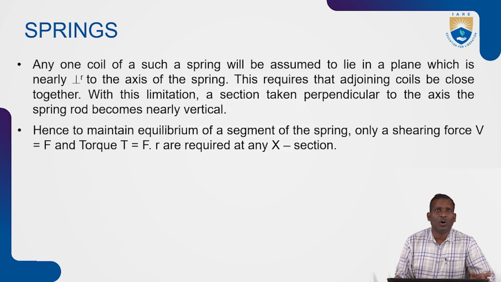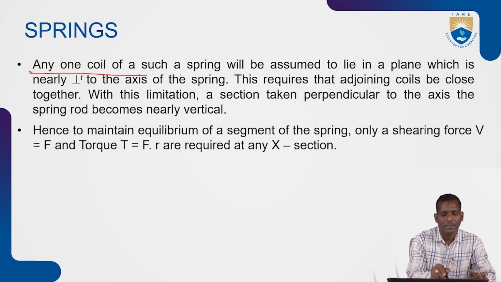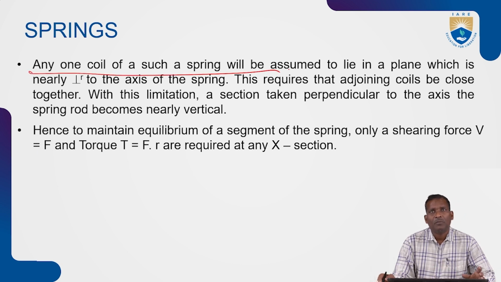See, any one coil of such a spring will be assumed to lie in a plane which is nearly perpendicular to the axis of the spring. This requires that adjoining coils be close together.